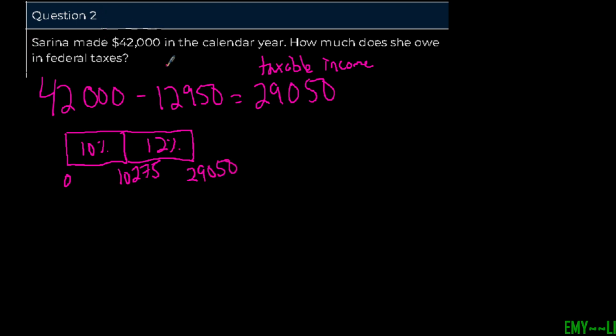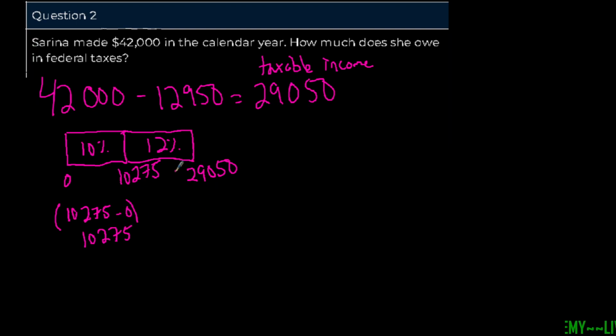So what we do is we subtract these two numbers. We're going to say, okay, we have 10,275 minus 0, which is going to be 10,275. And you're probably wondering, why did you subtract those two?